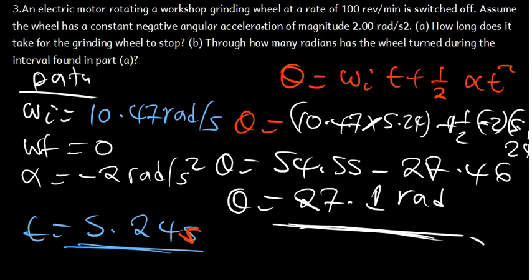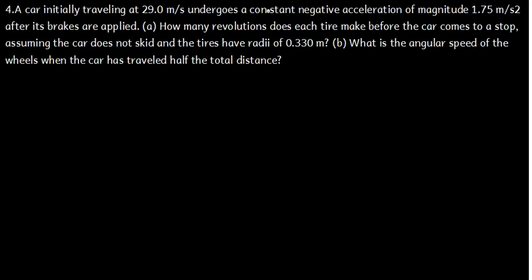So that is it for this question. Let's see how we can solve another question. Question 4 is saying a car initially traveling at 29.0 meters per second undergoes a constant negative acceleration of 1.75 meters per second squared after its brakes are applied.